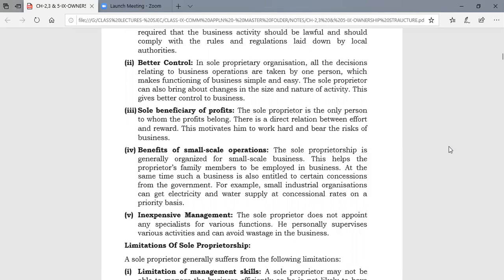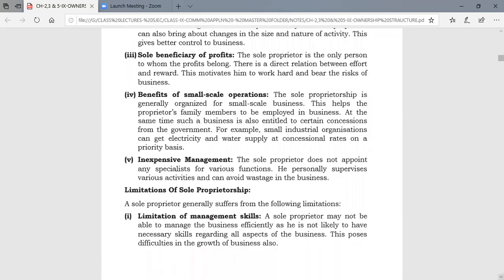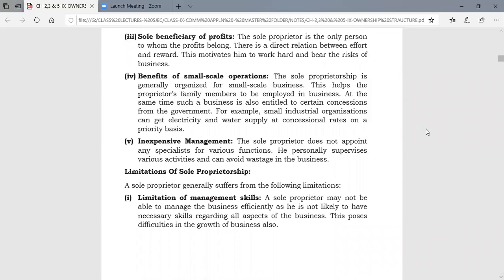Benefits of small scale operations. This type of organization, sole proprietorship, runs on a very small scale. Such a business is also entitled to certain concessions from the government.